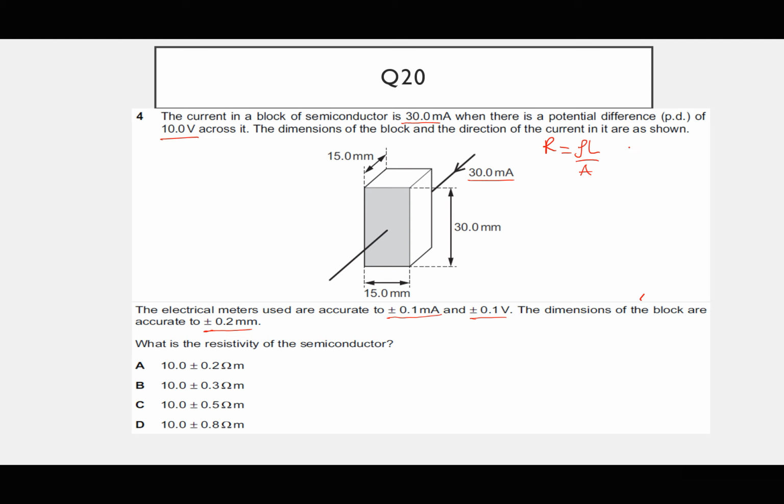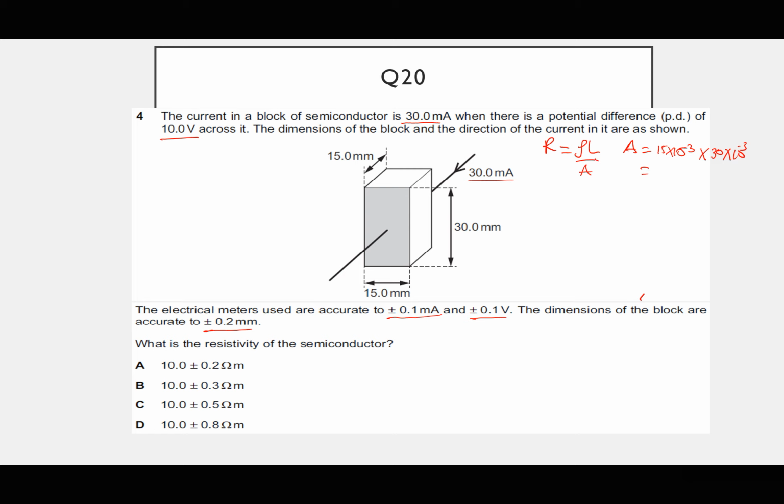So our cross-sectional area is going to be equal to 15 times 10 power negative 3 times 30 times 10 power negative 3. This is going to give you the cross-sectional area, but I will not do that for now. Let me first manipulate this.